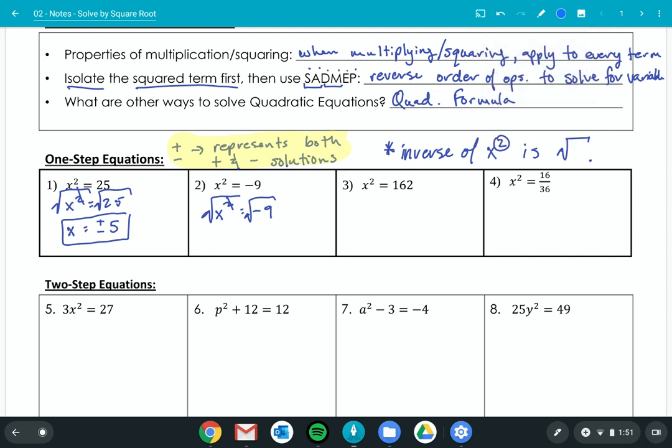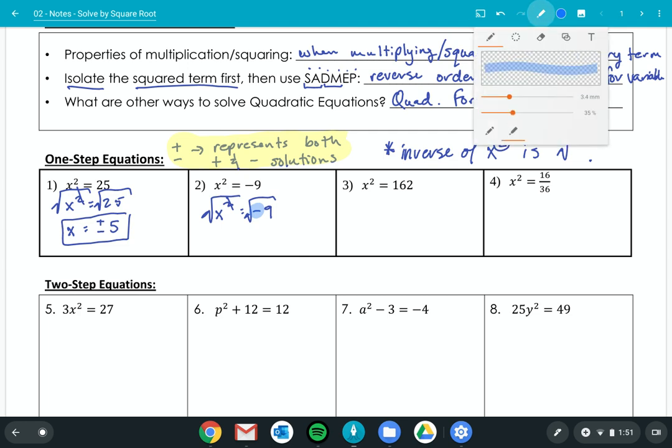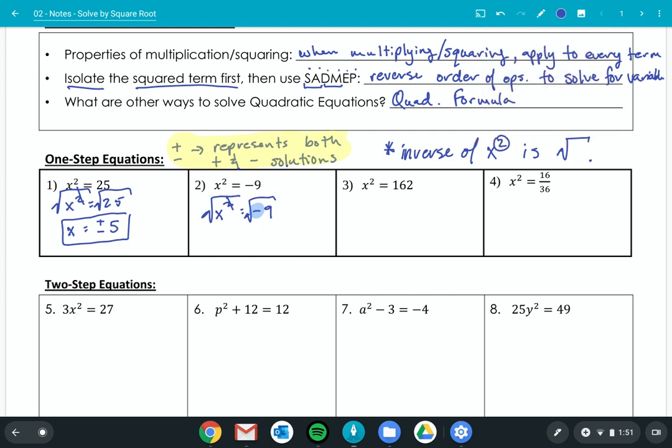So in order to write this answer, we're just going to say that it's impossible because you can't get a negative number by multiplying a positive and a positive or a negative and a negative. So my answer here is just going to be no real solutions.